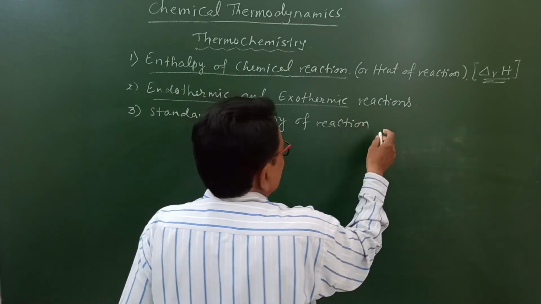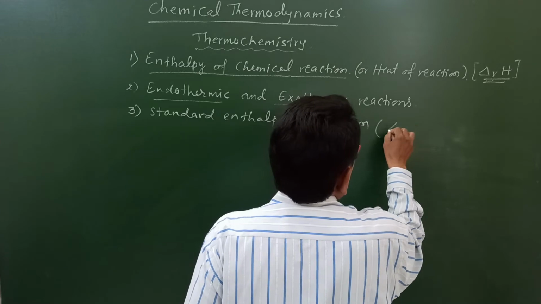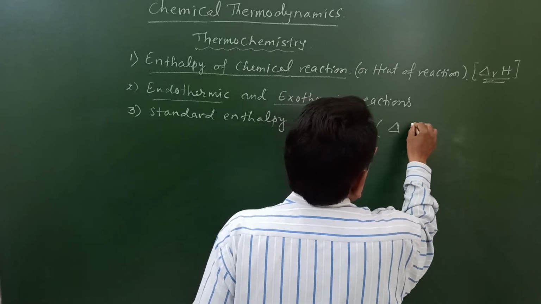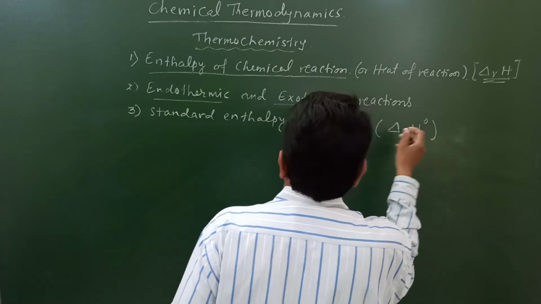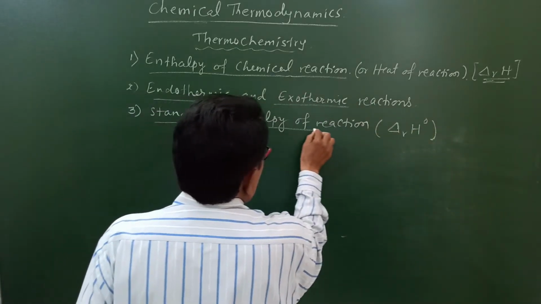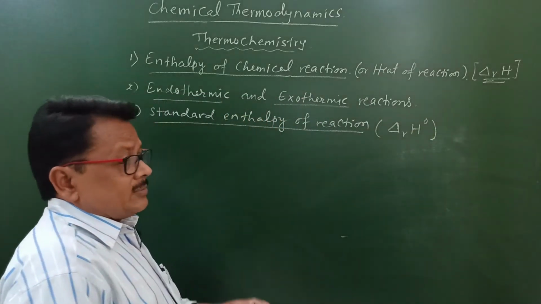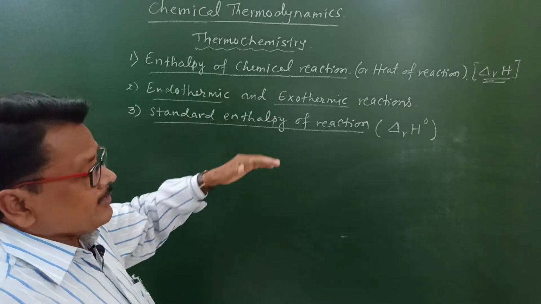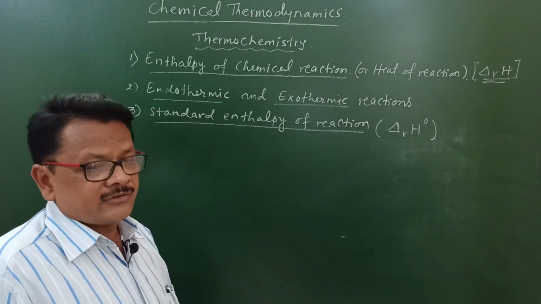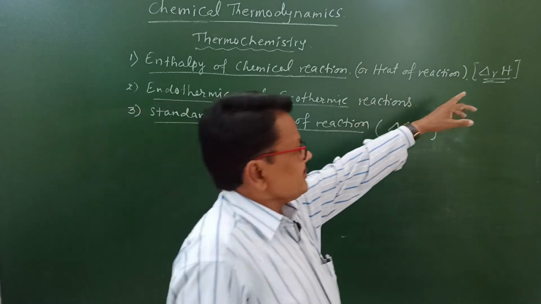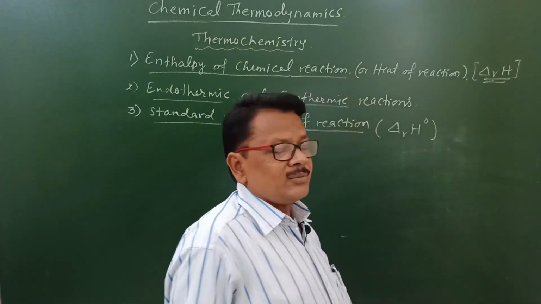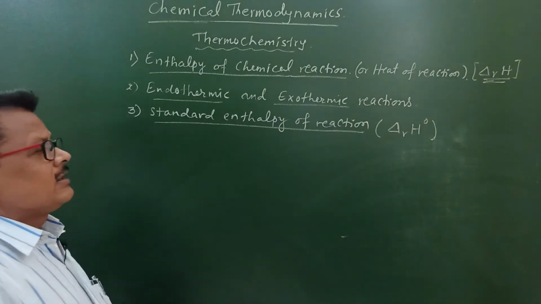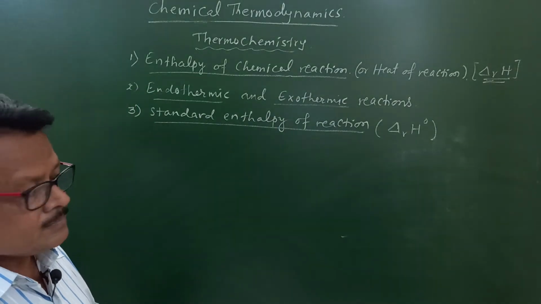This standard enthalpy of reaction is shown by delta H R zero. What is the difference between simply enthalpy of reaction and standard enthalpy of reaction? Enthalpy of reaction is noted by the notation delta H R, and standard enthalpy of reaction is shown by delta H zero R.